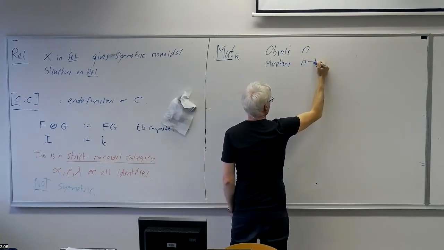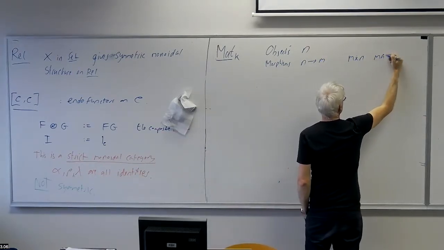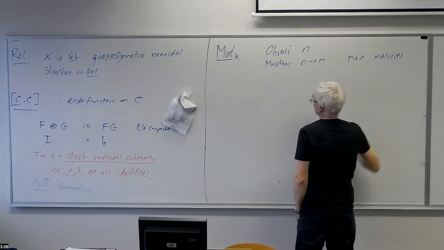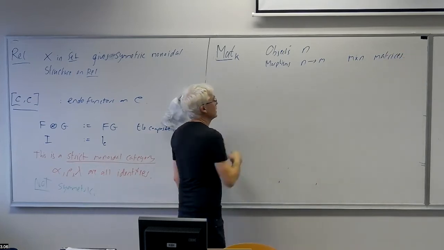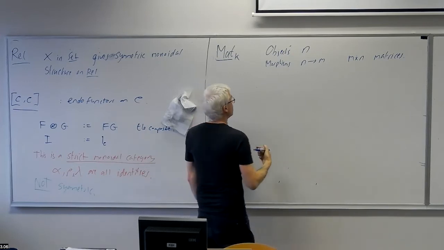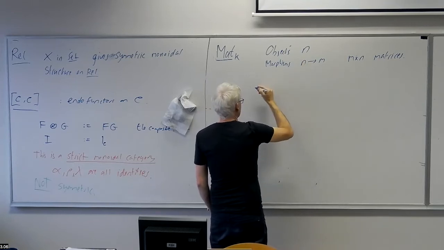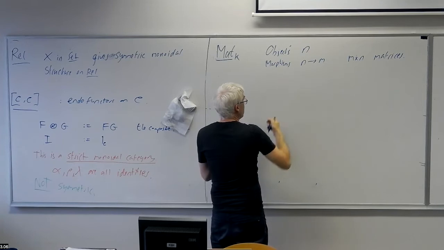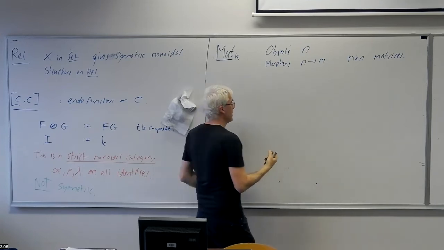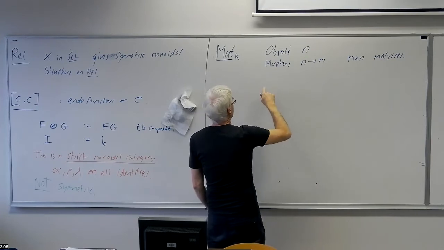from n to m were m by n matrices. And I want to define a tensor product on matrices. Well, on these, we think of the object n as the vector space K to the n, and the linear maps are represented by matrices.